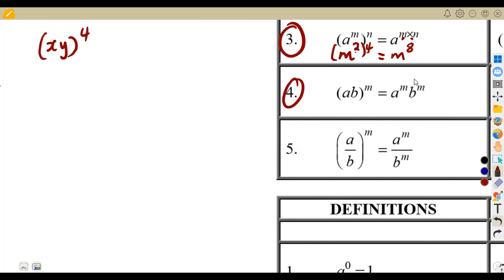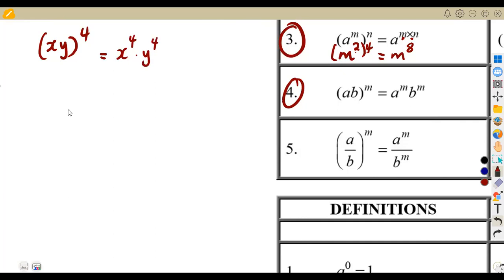Every part is going to be raised to the exponent of m. A is going to be raised to the exponent of m, b to the exponent of m. So if I'm given this, it means x is going to be raised to the exponent of 4, y is going to be also raised to the exponent of 4. So I'm going to have this as x to the exponent of 4 times y to the exponent of 4 also.